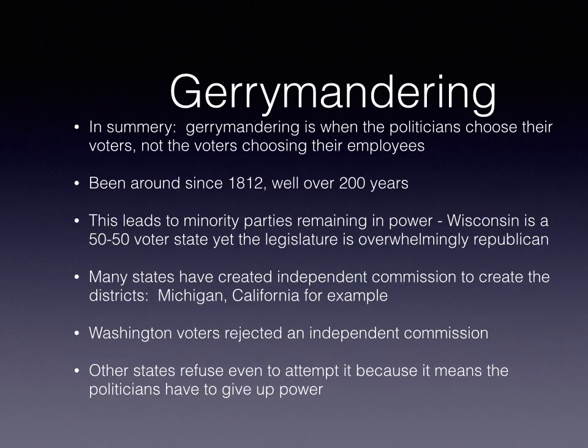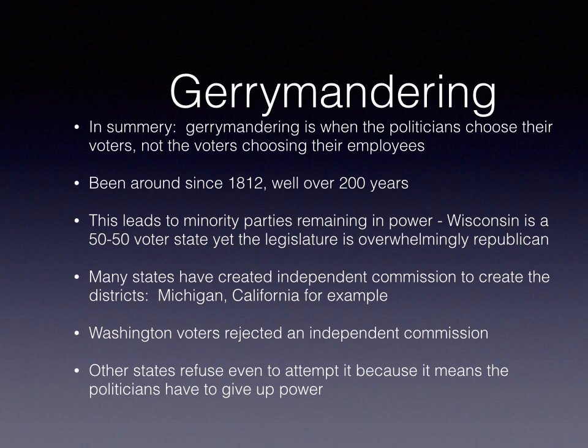Well, for those of you who made it this far, thank you. Gerrymandering is when politicians choose their voters and not the voters choosing their employees. It's been around since at least 1812, well over 200 years. This leads to minority parties remaining in power. Wisconsin, for instance, is a 50-50 voter state, yet the legislature is overwhelmingly Republican.